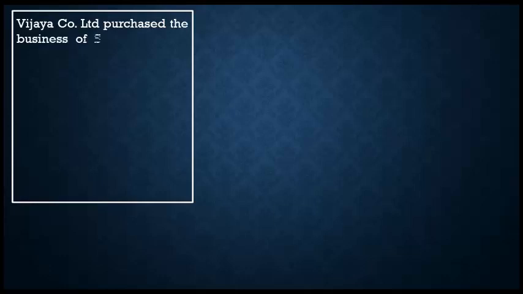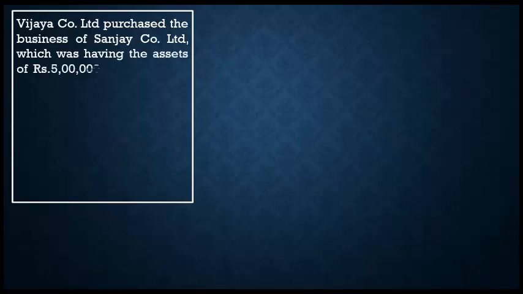Now discuss the problem. Vijay Company Limited purchased the business of Sanjay Company Limited, which was having the assets of rupees 5 lakh and liabilities of rupees 2 lakh.